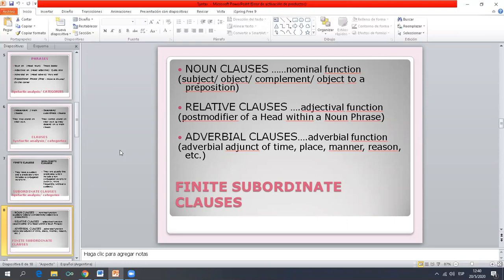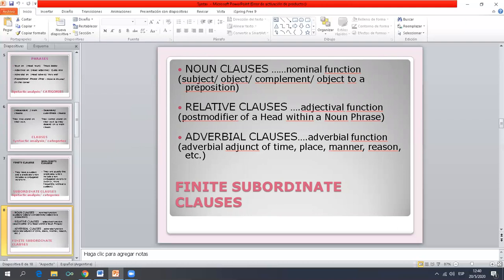We explained that the noun clauses are noun clauses precisely because they have a nominal function. They perform the functions typically realized by means of a noun. Relative clauses are adjectival in value, and adverbial clauses are adverbial in value.